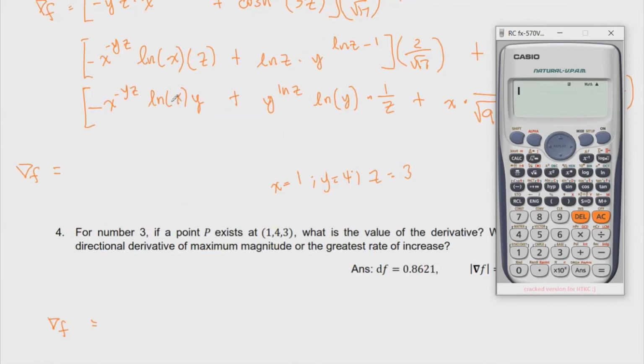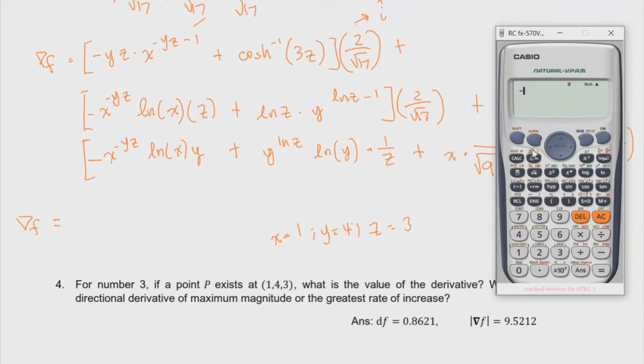So for example, we have the nabla f, and I'll be substituting all the values. Let's say my x is a, y is b, and z is c. So c raised to a raised to negative yz, so that would be bc, and then minus 1, and then plus the inverse hyperbolic cosine of 3z.